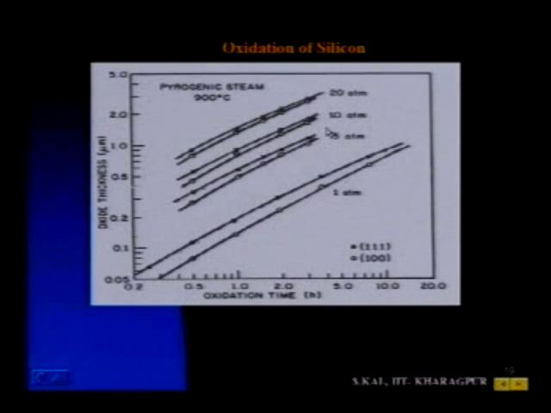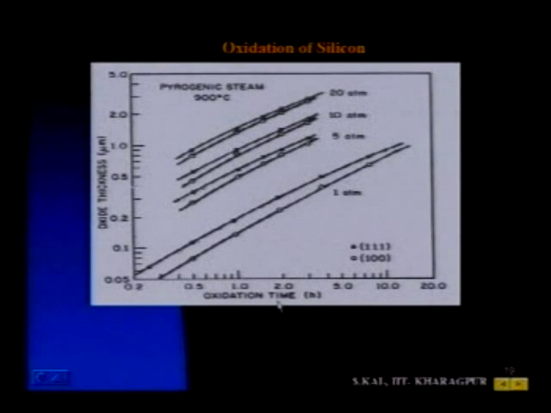For example, you have seen that the oxide thickness versus oxidation time is shown for different ambient pressure. That means if you do the oxidation at 1 atmospheric pressure, and if you do the oxidation under the same condition, at same temperature and same time, but at 20 atmospheric pressure, the oxide thickness is very large.